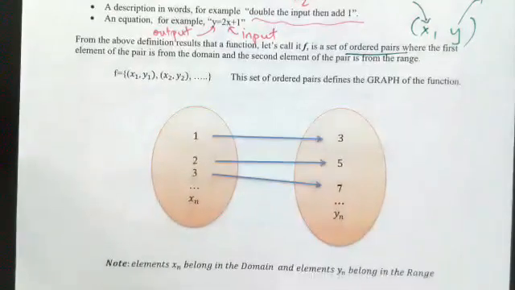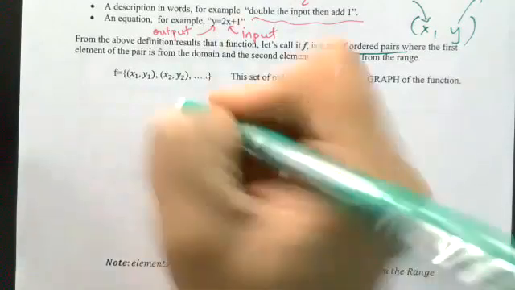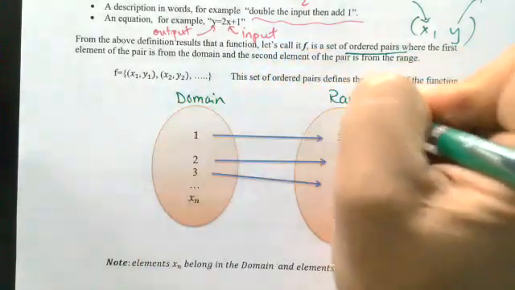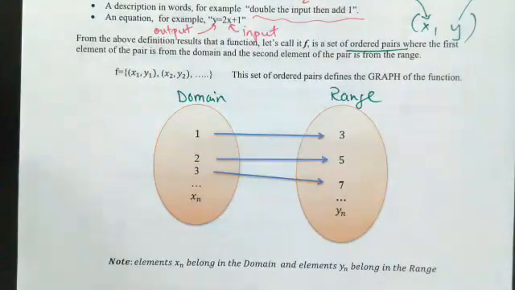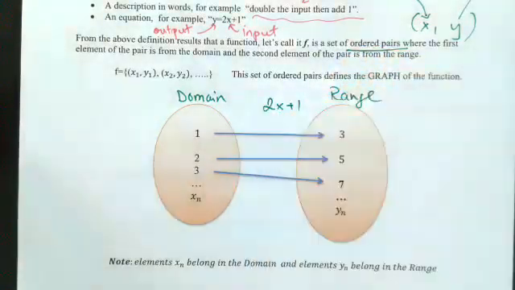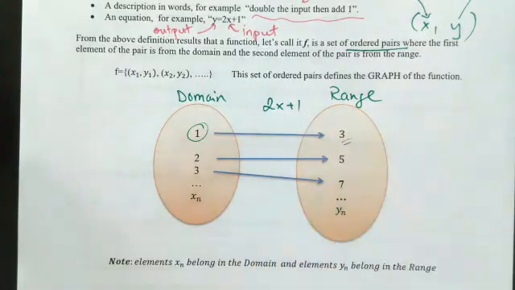Here's another look at the mapping of domain-range relationships. This is the domain. That's the range. The rule is 2x plus 1. So if I take 1 from the domain, if I do 2 times 1 plus 1, I get 3.